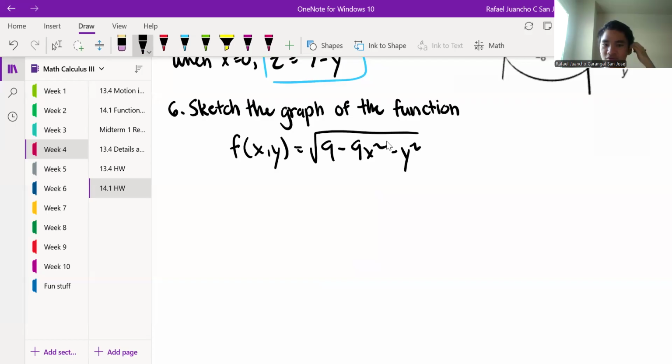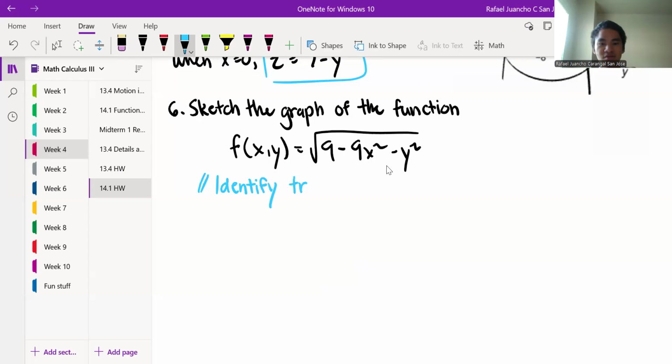So here, what I would do, I won't really sketch it. I would just identify what the shape is. That's what I would do. So this is, the z is here actually. There's a z there. Yeah, so we identify what the trace is. That's what I'm gonna do. And I just find the one that looks similar.